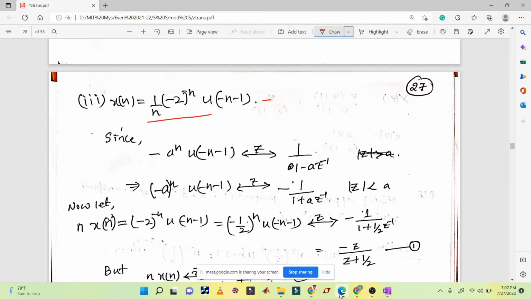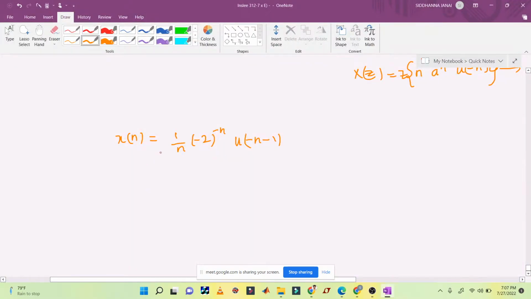So this is the problem, but what we know is this equation. Okay, so based on this we are going to solve it first. So we know that n into x of n is differentiation: minus z into d by dz x of z.